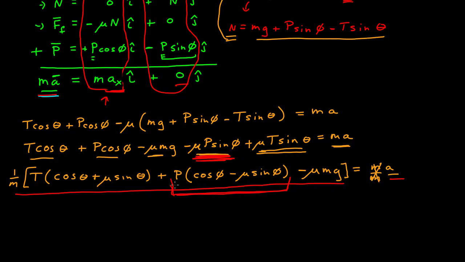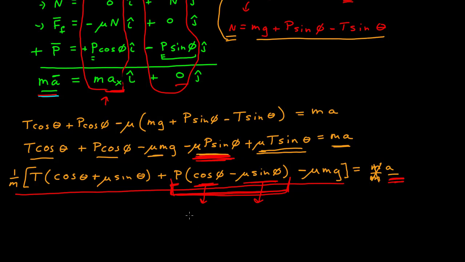And this contribution is going to be positive, leading to increasing the acceleration, as long as this term, cosine phi, is greater than this term, mu sine phi. If this term becomes less than this term, then the magnitude of Bob's push force, the net result is negative, which would tend to decrease the acceleration of the object.